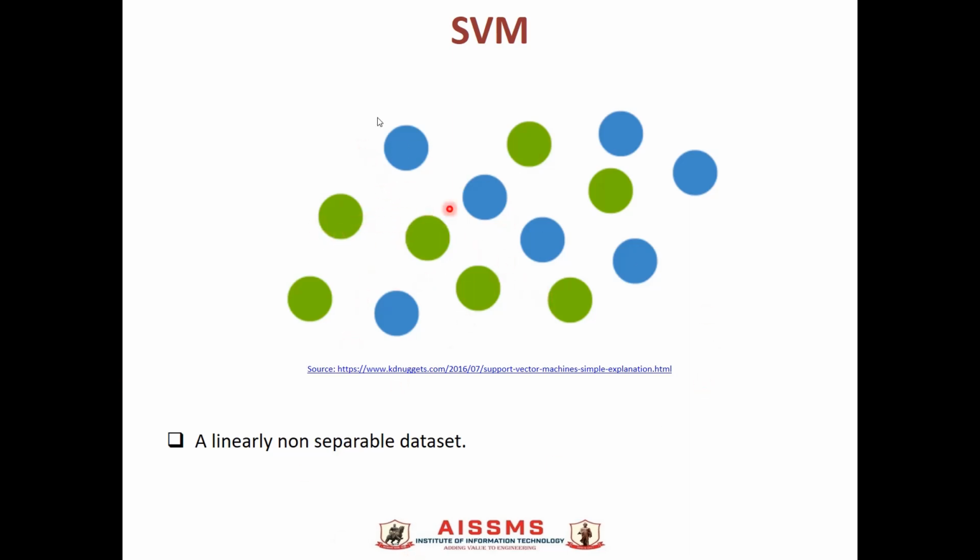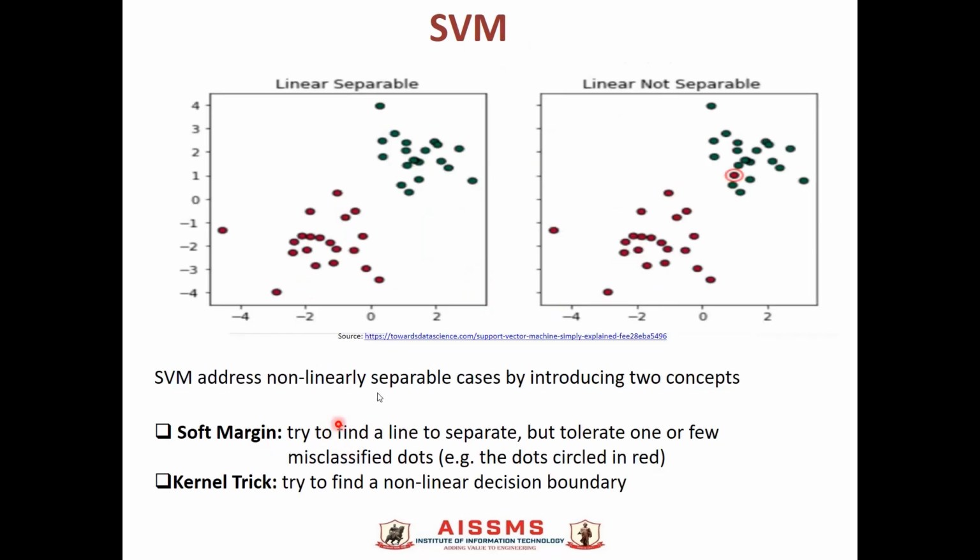Here we cannot put any linear line. Why? Because these data points are non-linear data points. They are not linearly separable. Such data points are called linearly non-separable data points. For such data, a simple linear line will not do.